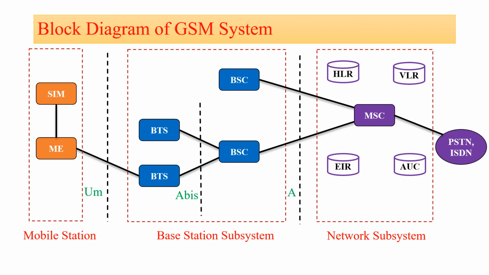And the VLR assigns the temporary mobile subscriber identity, that is TMSI, that is used to avoid using the IMEI number on the air. And the visitor location register maintains the information about the mobile subscriber that is currently physically in the range covered by the switching center.